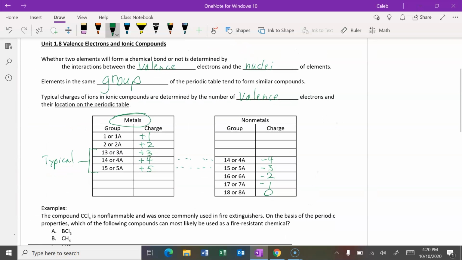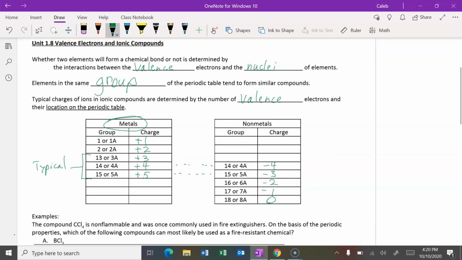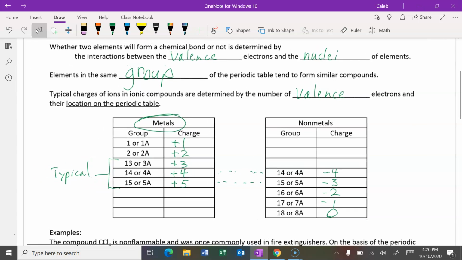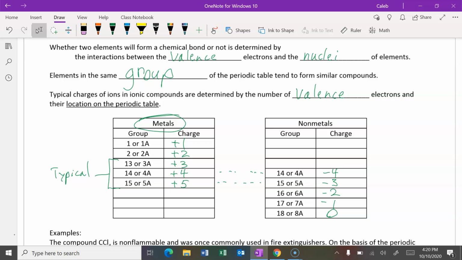Now, remember, the reasoning for this is because they want to be like noble gases. So these elements, they all kind of want to be like noble gases. So they tend to lose or gain electrons in order to reach that noble gas configuration. So a metal will tend to lose however many valence electrons it has, and when you lose electrons, you become more positive.